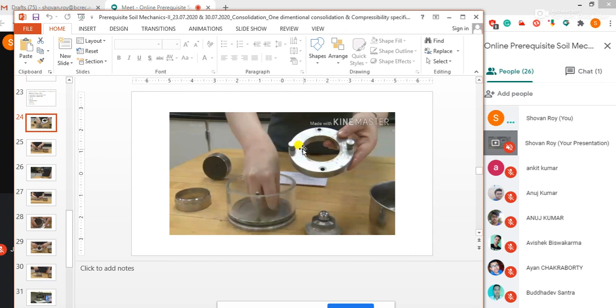In our consolidation test, there is double drainage. Somewhere single drainage is used depending on the setup, but conventionally, and in our lab also, we have the double drainage system.